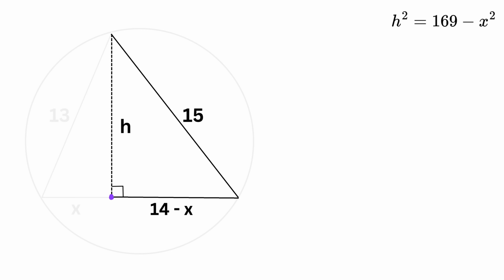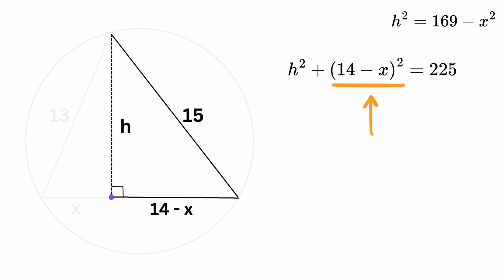Nice! Now let's look at the other small right triangle. This triangle has sides 14 minus x, h, and 15, where 15 is the hypotenuse. Applying the same Pythagoras theorem again, we can write h squared plus (14 minus x) whole squared equals 15 squared. 15 squared gives us 225.